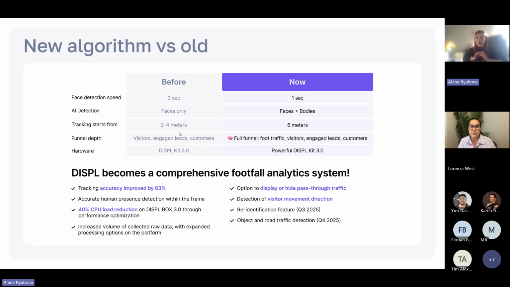It's super new right now, so it just works differently, with a different quality and a different speed. We have a lot of different things on the roadmap, like object detection, traffic detection, but let's not talk about it right now, because it will be soon, at the end of 2025. Most important is what we have today.